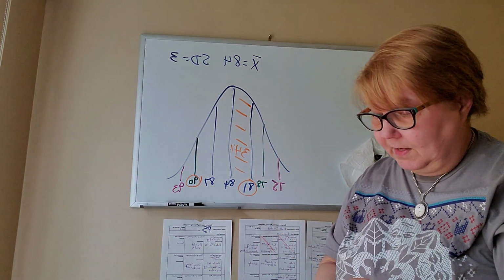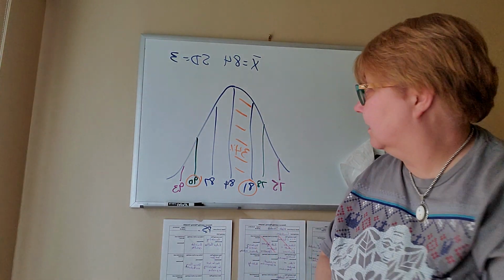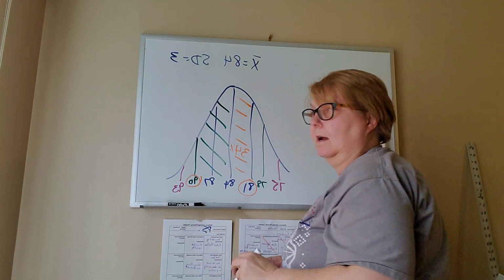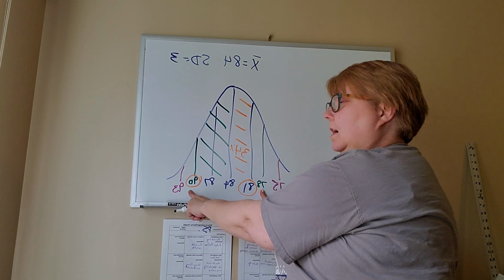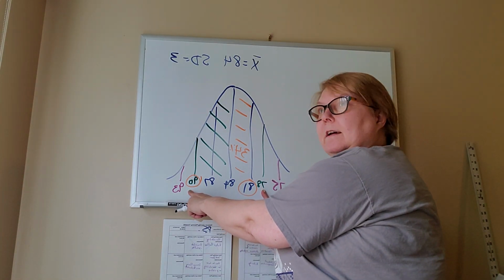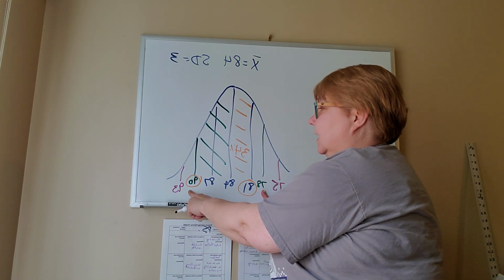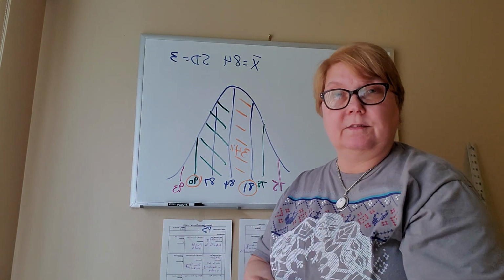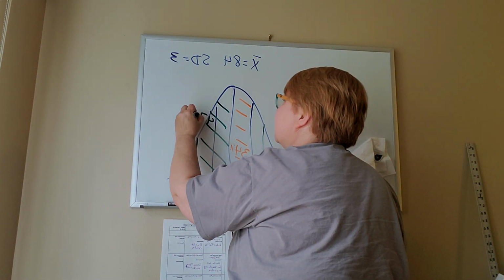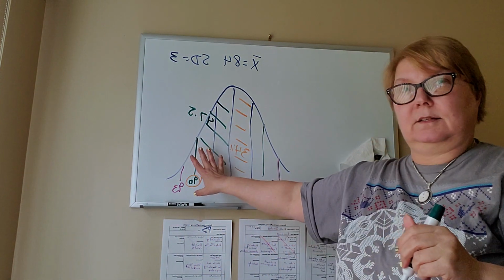And then if I look at this space, between here and here is 95. Again, we're going to use the fact that it's symmetric and split it in half. 95 divided by 2 is 47.5. So 47.5 in this space.